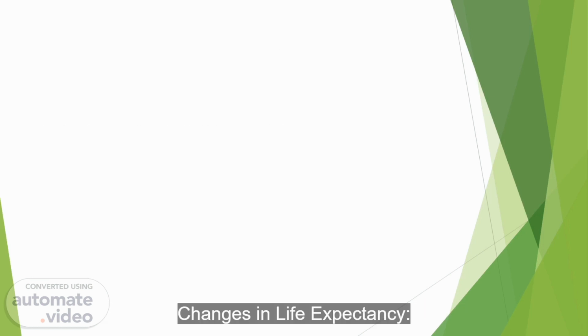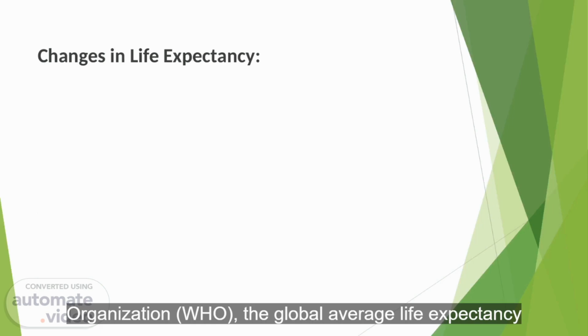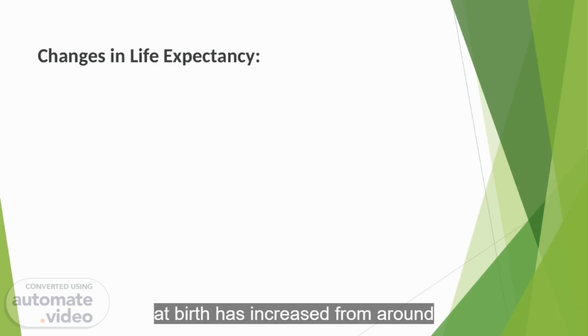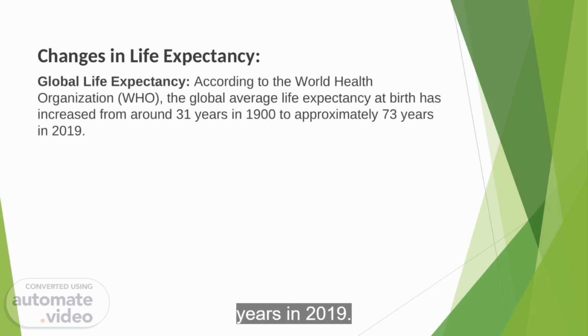Changes in life expectancy. Global life expectancy. According to the World Health Organization, WHO, the global average life expectancy at birth has increased from around 31 years in 1900 to approximately 73 years in 2019.